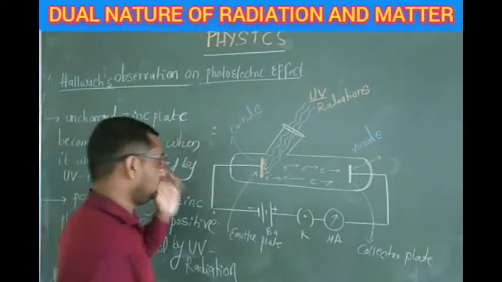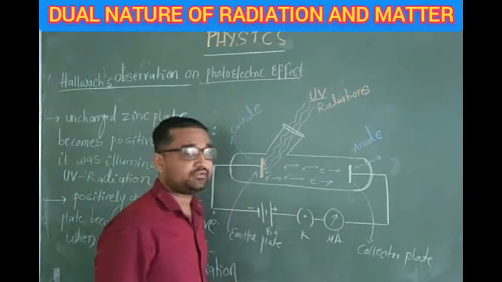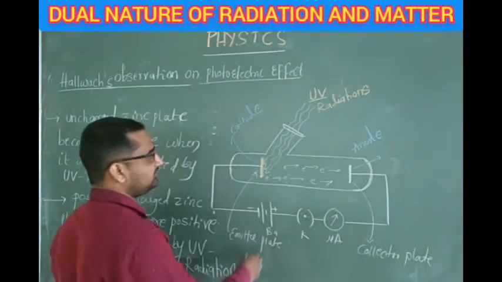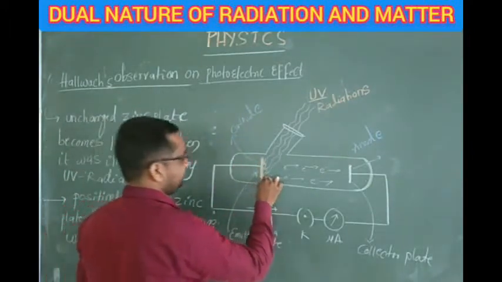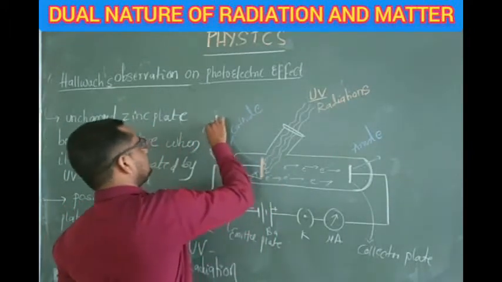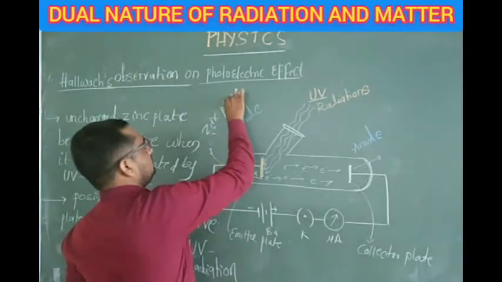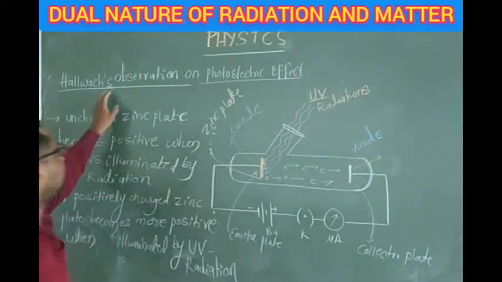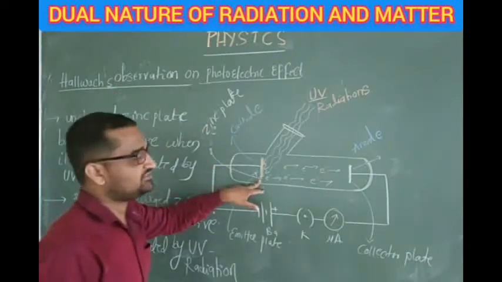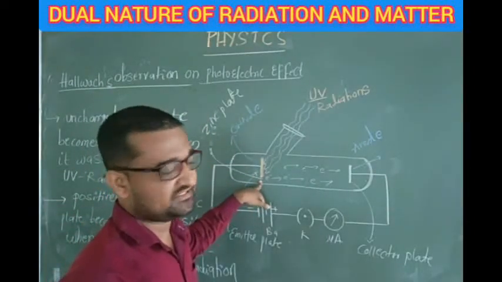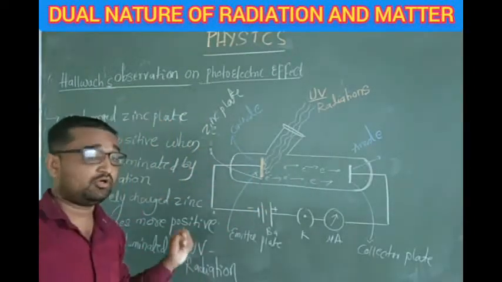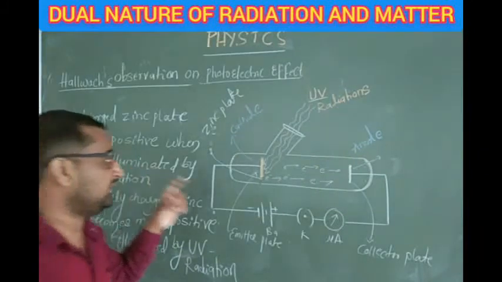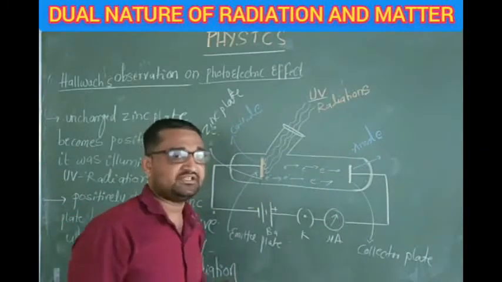Here the cathode or the emitter plate used by Hallwachs is a zinc plate, right? What is the observation made by Hallwachs here? He used the zinc plate as an emitter plate.